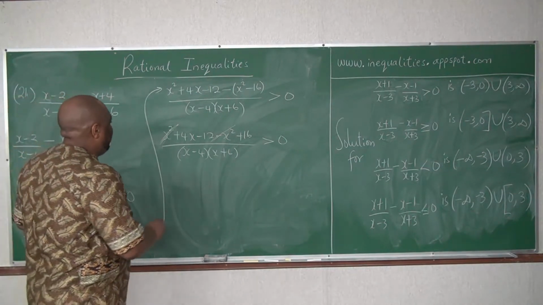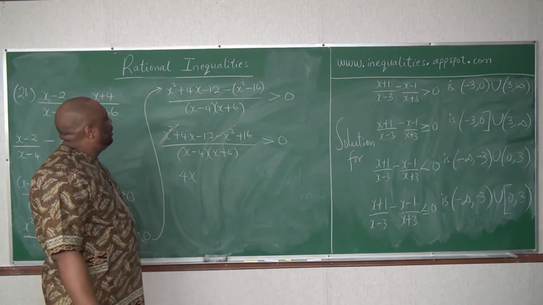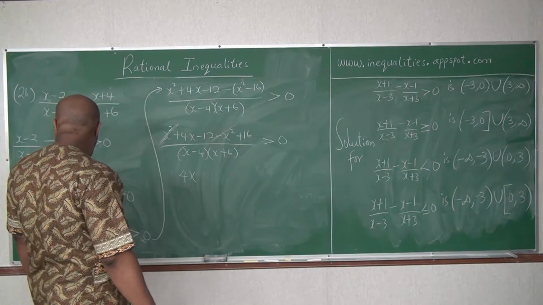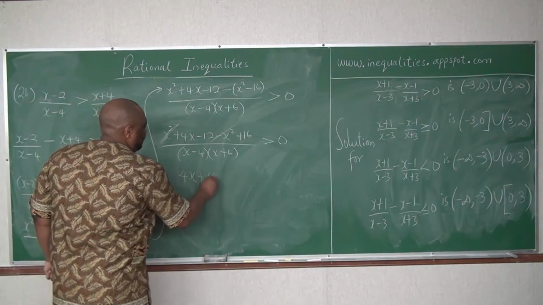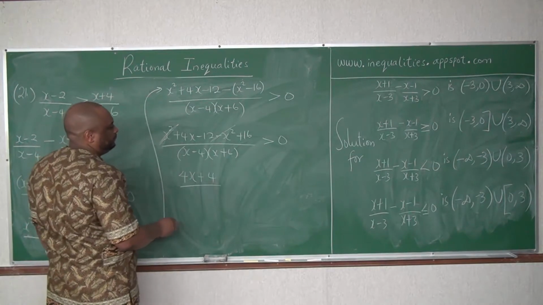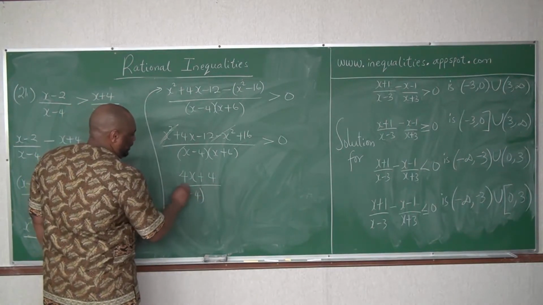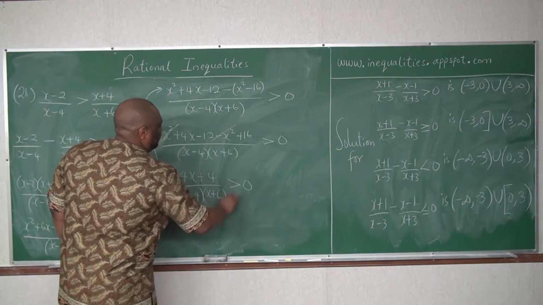We now have 4x plus 4 over (x minus 4) times (x plus 6) greater than 0.